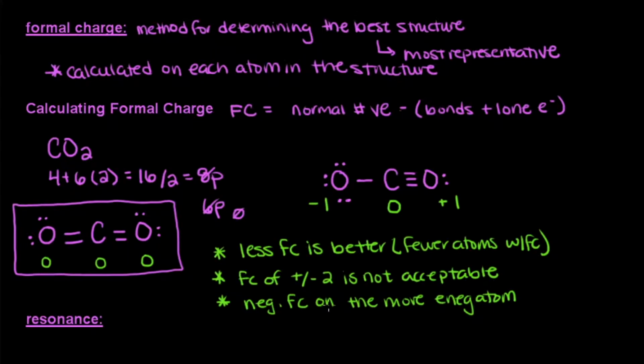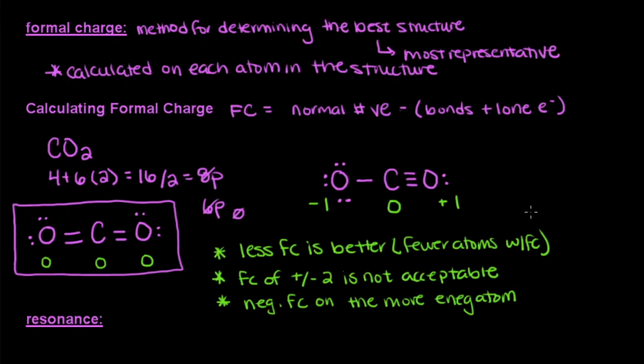So we'll see some of these rules come into play with a few more examples here. Okay, so it's just a method that we use to calculate on each individual atom in the structure to help us determine what is the more representative drawing of that molecule. We'll do some more of this as we talk about resonance.